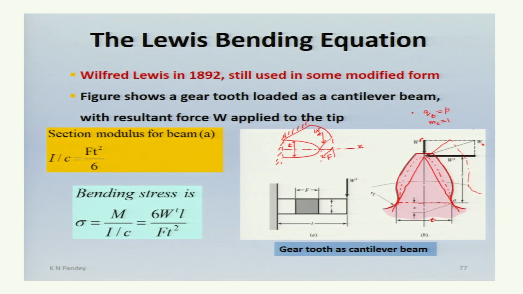So we have the cross section t and f. This is a rectangular cross section at the root. So the section modulus for this beam shown by dashed line is given by I divided by C equal to f t square divided by 6 for this section.